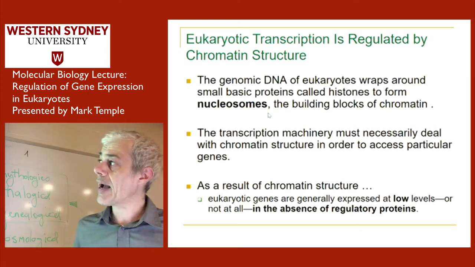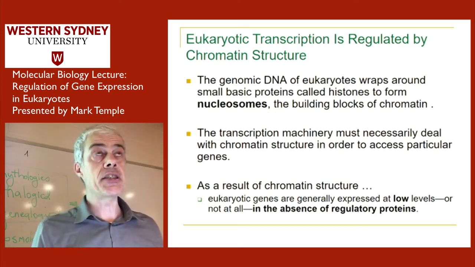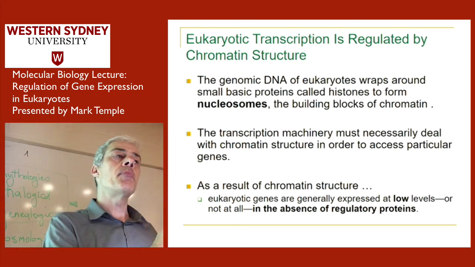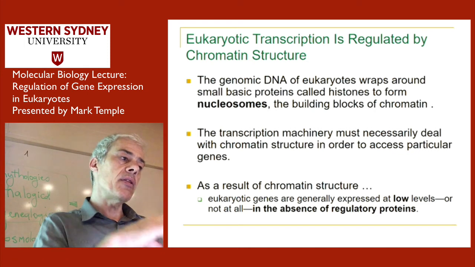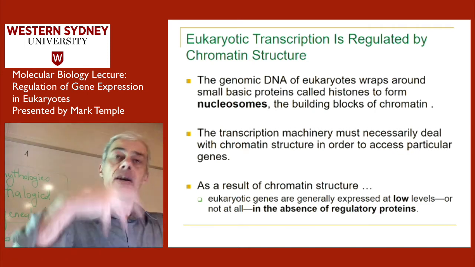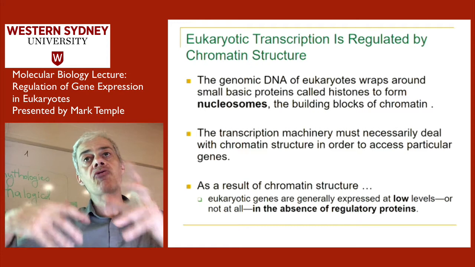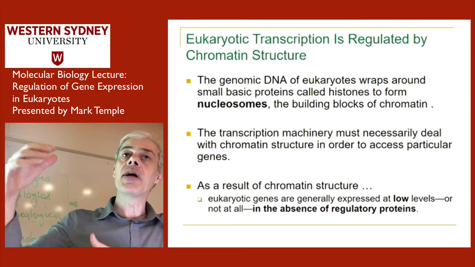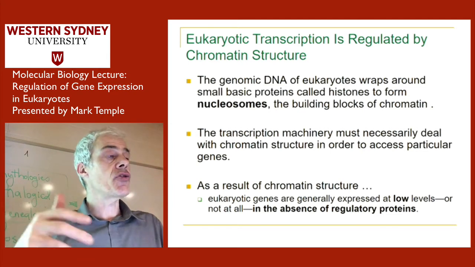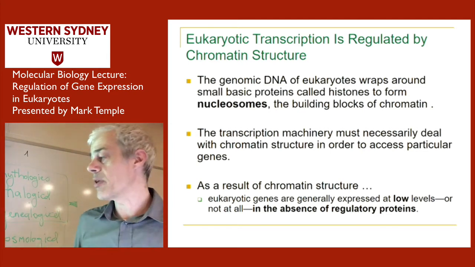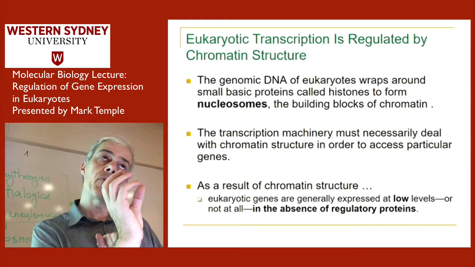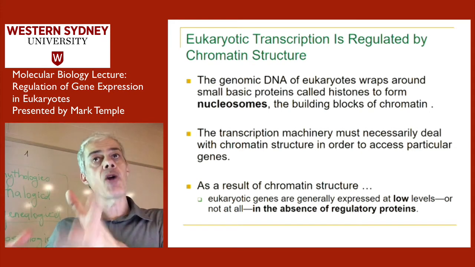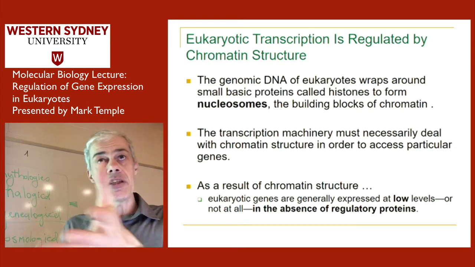When we talk about packaging of DNA, we talk about different levels of packaging. We've got very simple packaging, and then that folds up to a second level of packaging, and then that refolds up into a third level, and it keeps refolding until you get to a chromosome, which is the highest order of DNA packaging that you can observe during mitosis. So at the level of the gene, we have packaging of DNA, and at the level of the chromosome, you can see the whole thing packaged.